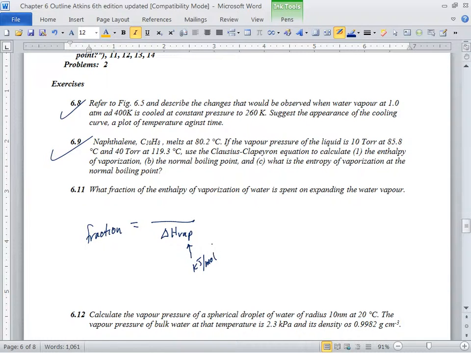So our problem is to figure out the top part, right? What fraction of the enthalpy of vaporization is spent on expanding the water vapor? So you're expanding the water vapor. The water vapor is pushing against what? You have this liquid, turns into a gas. Well, it has to go somewhere.